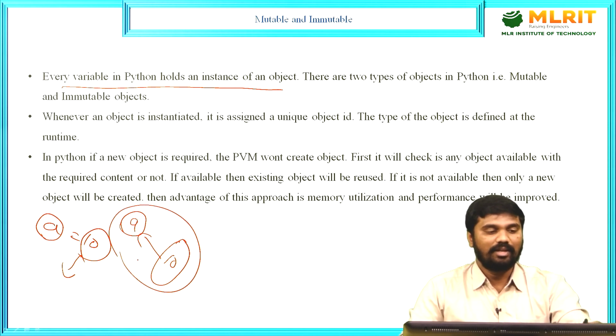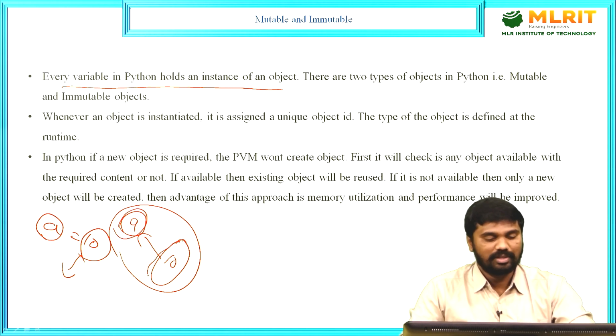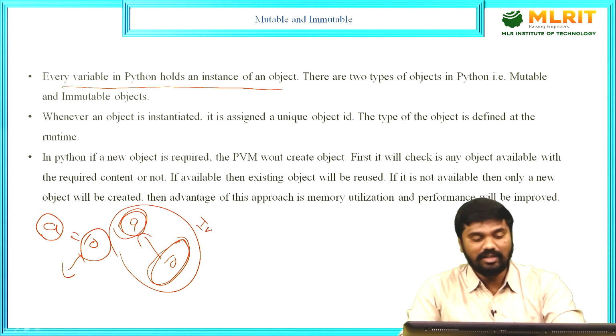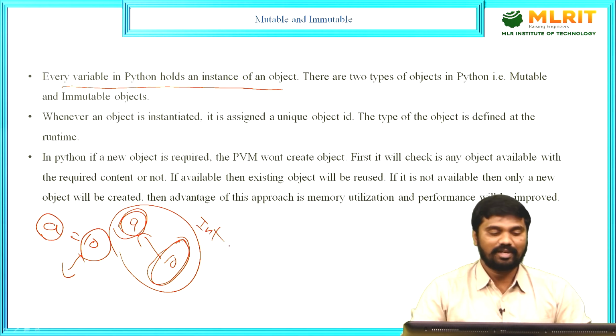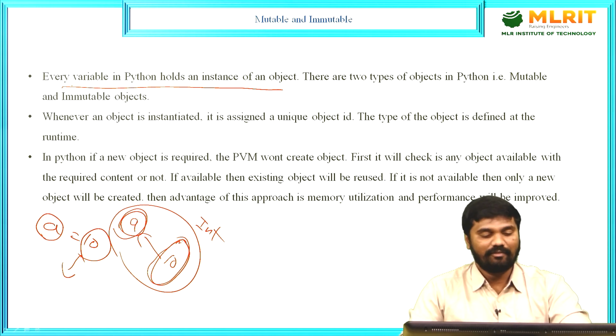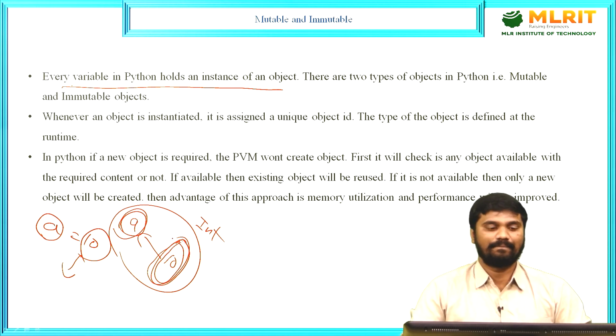Every variable, here the variable a, holds an object of the int class, whose value is 10. Every variable in Python holds an instance of an object.